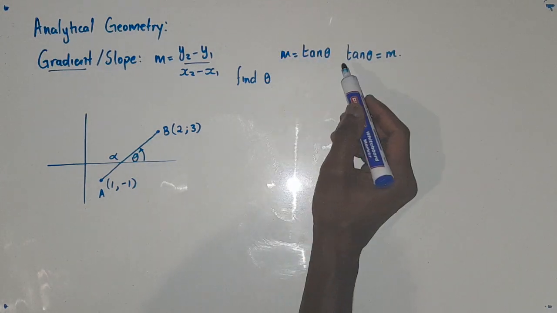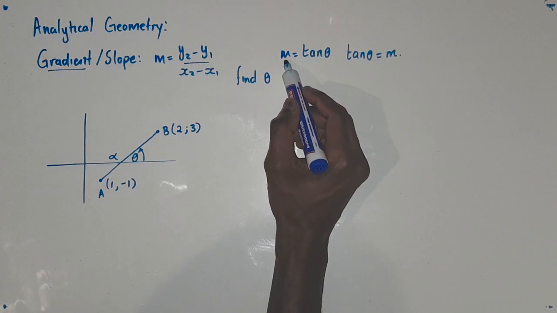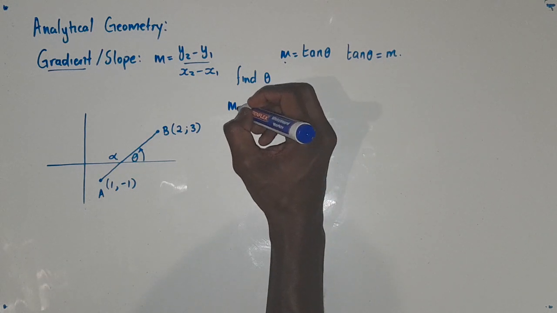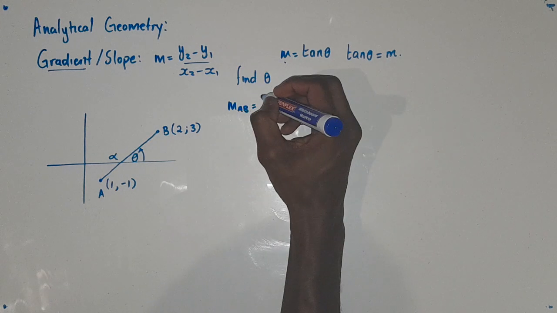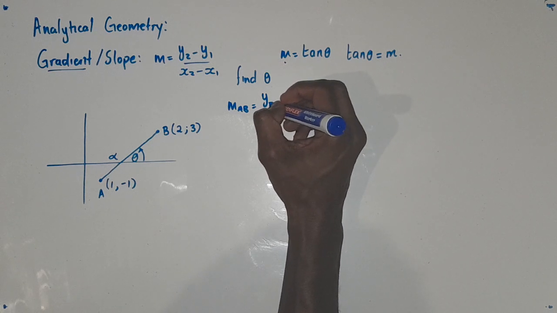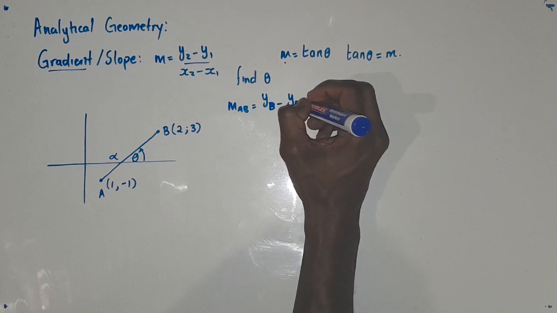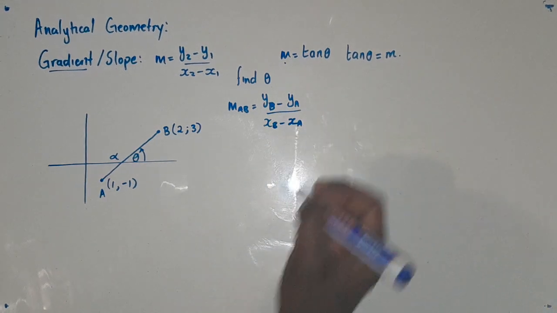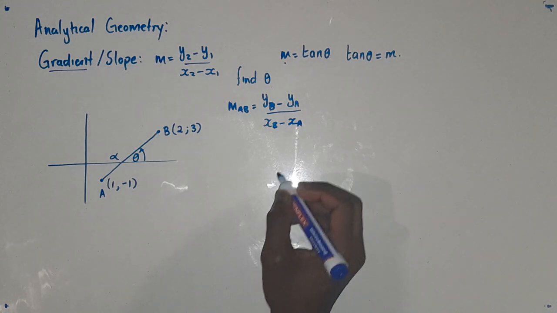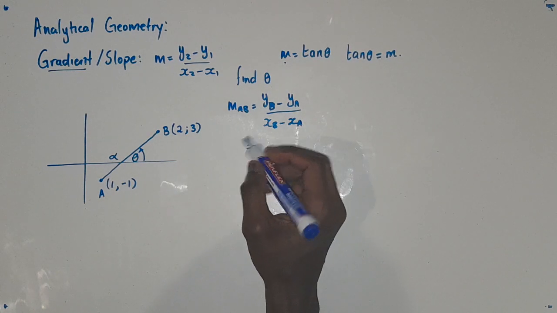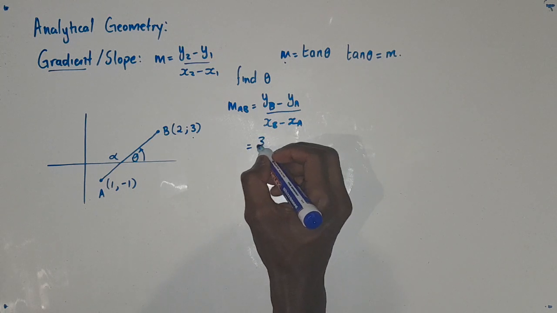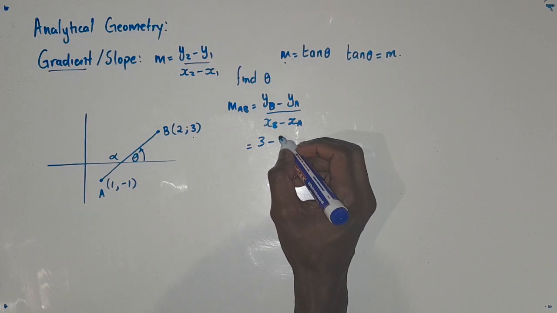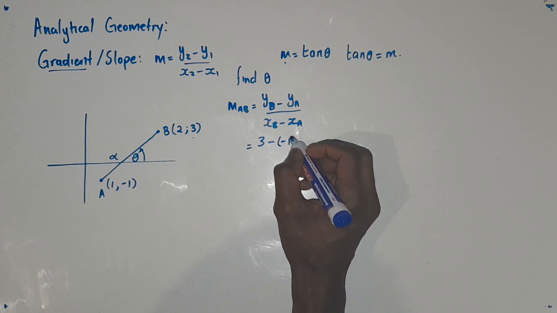Somehow we need to use this equation, but firstly we have to determine the gradient. Let's go and determine the gradient of AB, which let me say y b minus y a over x b minus x a, like this. Then we have 3 minus, you see we have -1 over 2 minus 1 like this.